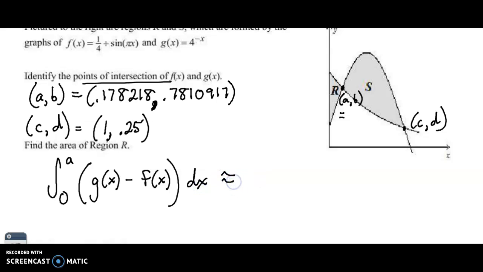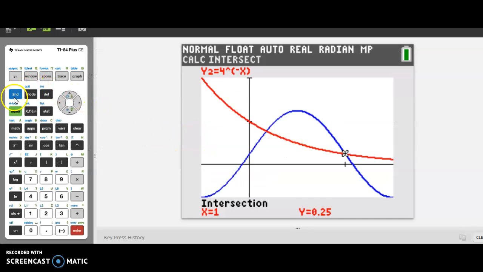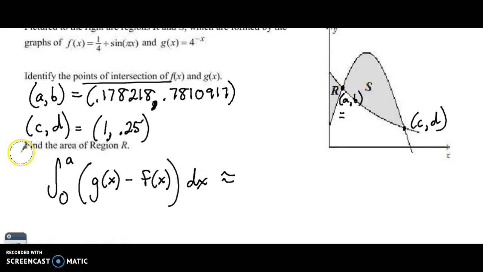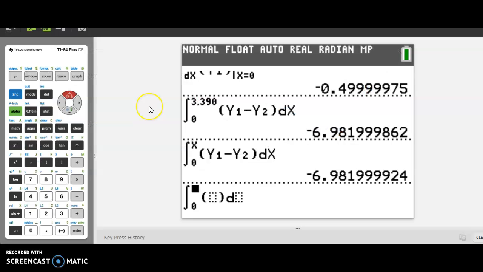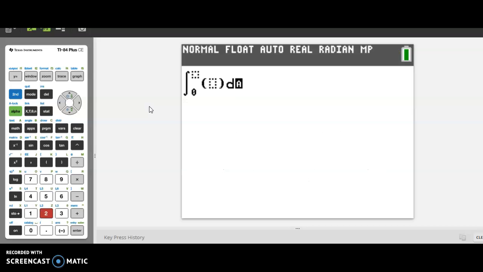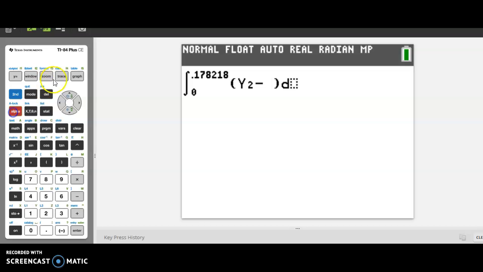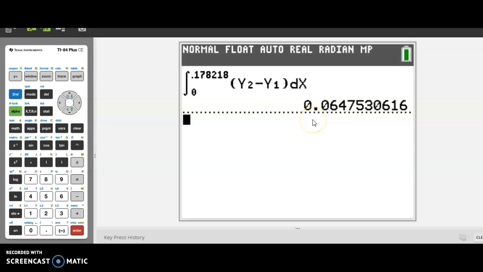And so you can go to your calculator and go back to the home screen, math, the ninth option, to go from 0 to A, which is equal to 0.178218. Alpha trace, and it does matter. You want to make sure that you have the upper function written first. I believe it was y2 minus alpha trace y1 in terms of x. And you get 0.065.